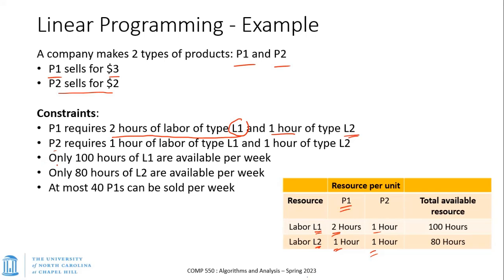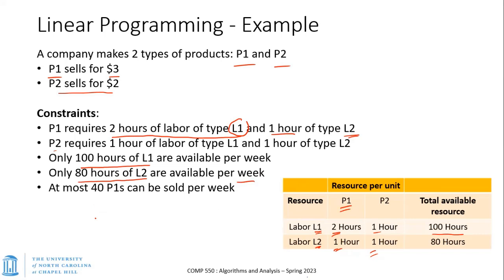Now the constraints are that you only have 100 hours of labor of type 1 available in a week. So you're trying to look for labor, and unfortunately there's a management problem, so you only have 100 hours available. This is one of the constraints. Another constraint is that there's only 80 hours of labor of type 2, let's say painters, available in the market per week.